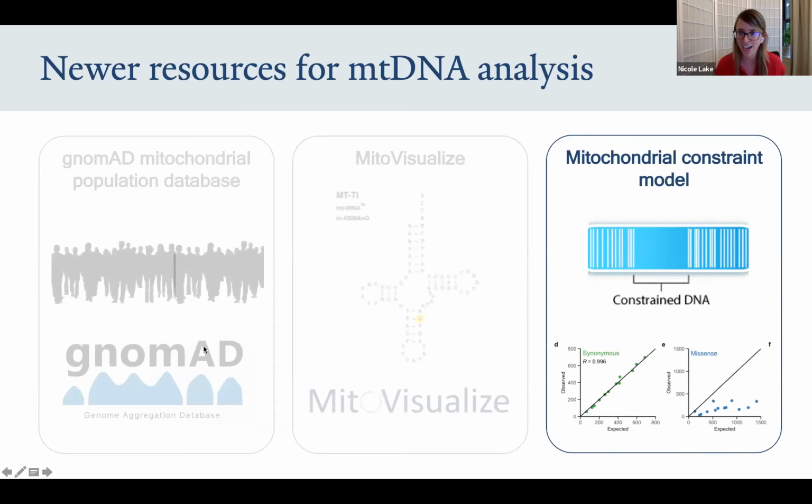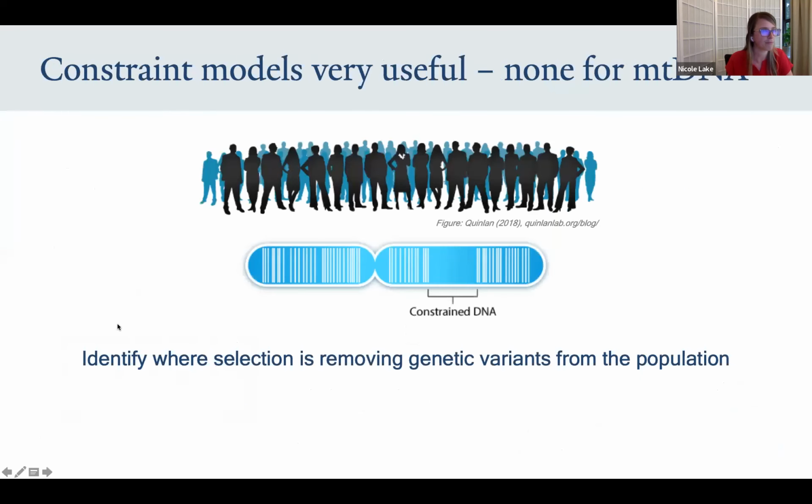Okay, so the last tool I'm going to present to finish off my presentation today is a mitochondrial constraint model that we've been working on. So what is constraint? Constraint models are techniques for identifying exactly where in the genome negative selection is removing variants from the population.